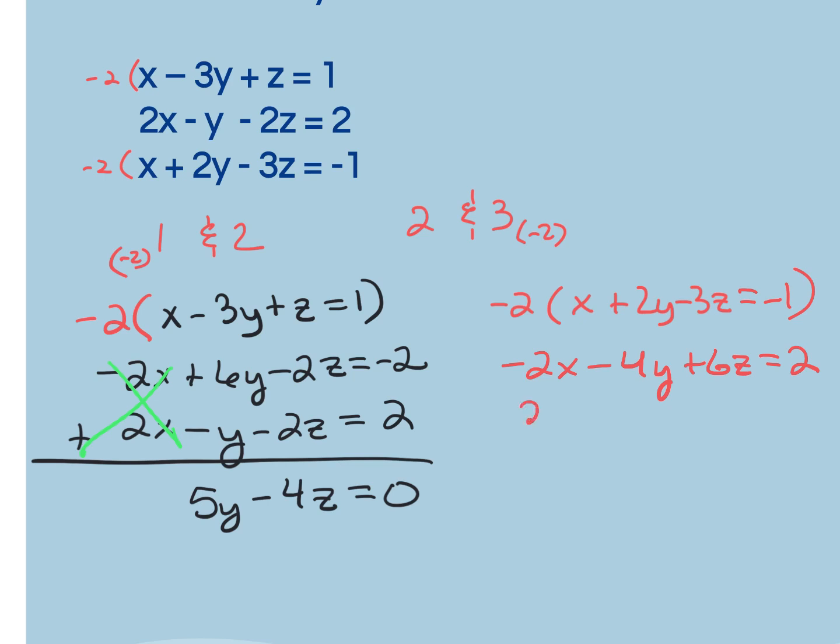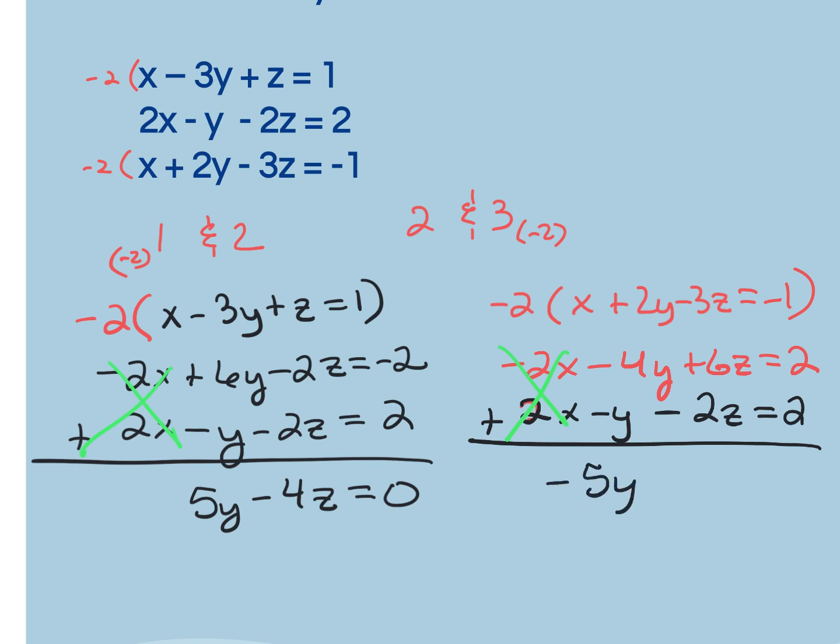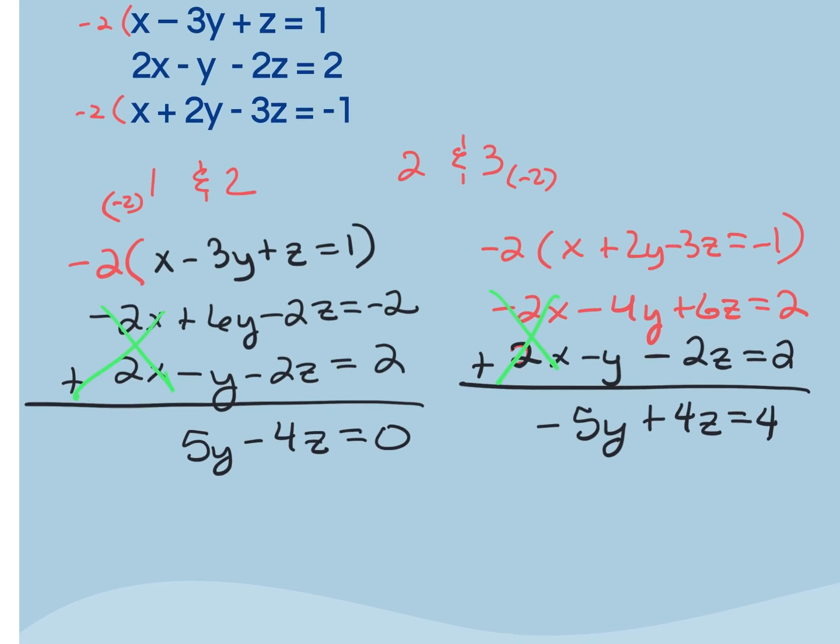So 2x minus y minus 2z equals 2. My x's cancel out. I'm left with negative 5y plus 4z equals 4. I now have something that looks like what we did in 9-2.